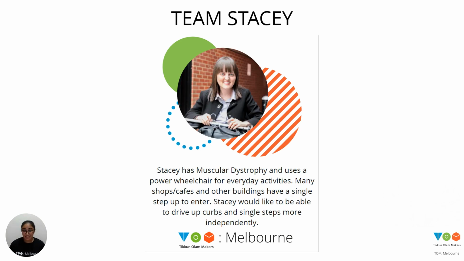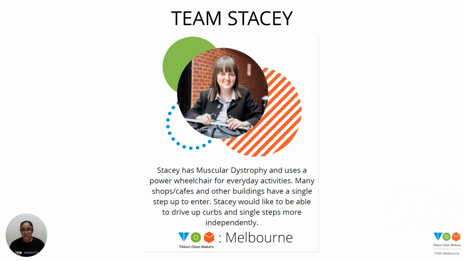Next up, we've got Team Stacey. Stacey, similar to Casper, has muscular dystrophy and uses a power wheelchair for everyday activities. If you think about it, when you go into a shop and you're walking through the entrance, you just walk through, right? Whereas Stacey has one extra thing to think about before she walks through an entrance to a store or a cafe. If you look around when you go outside, maybe on the weekend, when you're going for a stroll, you might see a step before you enter into, say, a cafe.